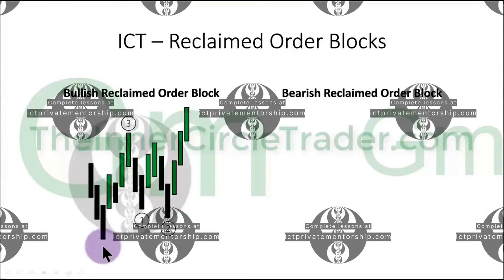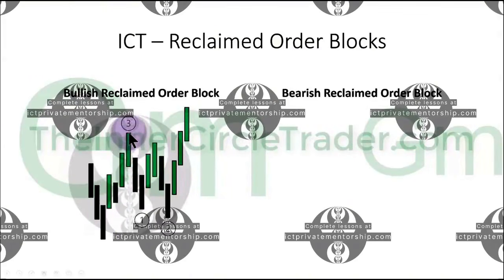Because if it goes below that low here, that's not good. It's not bullish. But it can dig a little bit deeper into this order block, go deeper than your initial pass, and that's what's occurring here. That's a bullish order block that's being reclaimed because it has yet to take out the area where the high formed breaking market structure to bullish. But now you have this dealing range it has to overcome.